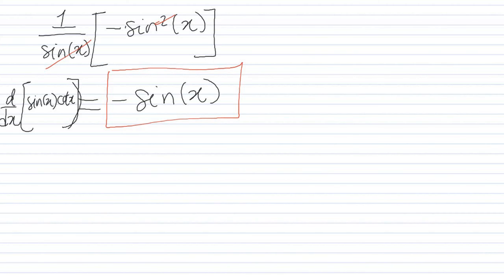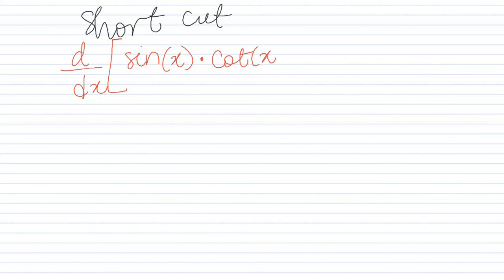Now I'm going to teach you guys a shortcut so you don't have to go through this whole process, right? Now the shortcut method is, you're asked to do the derivative of sine x multiplied by cotangent x.